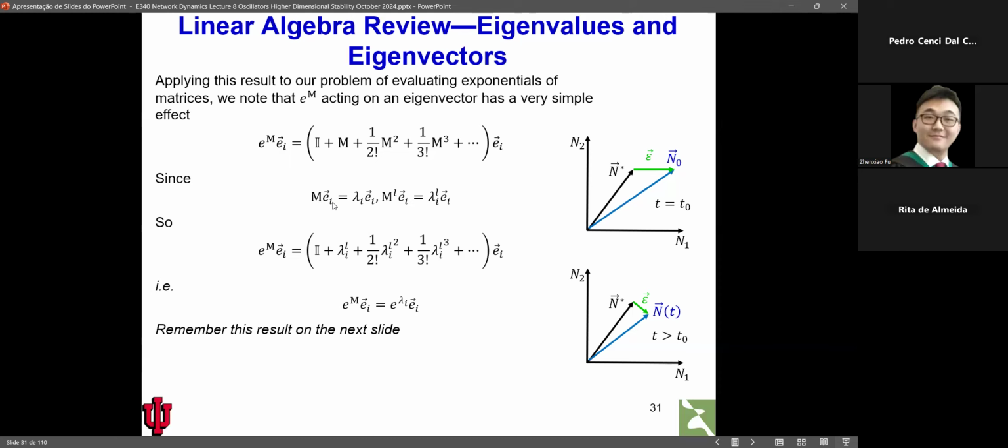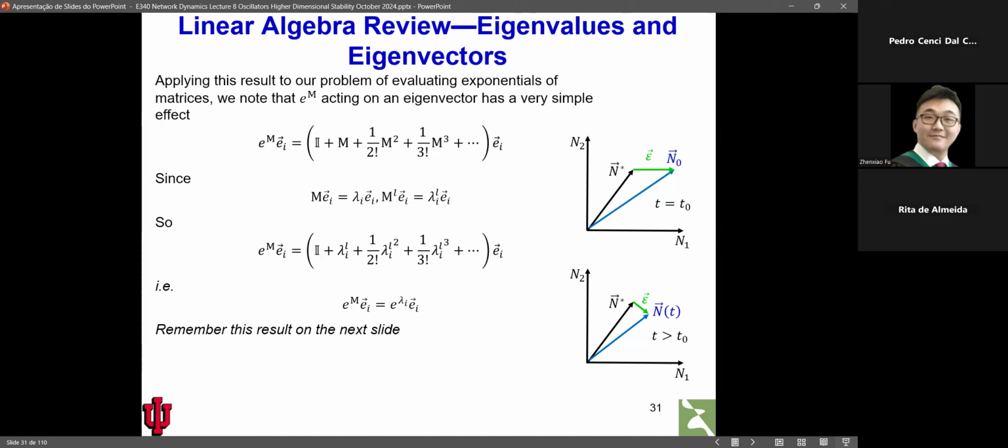Then remember that M applied to EI gives you lambda I, EI, like that. So if you apply another time, you have lambda squared, EI, and if you apply it L times, then you have lambda I to the exponent L, EI. So when you have something like that, instead of having M here, I have 1 here, right?